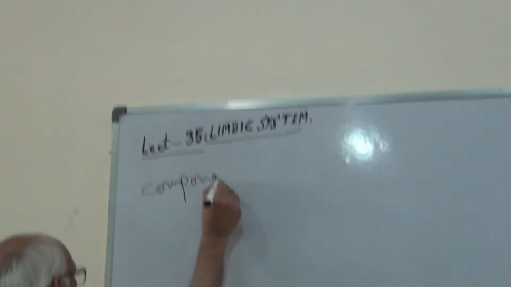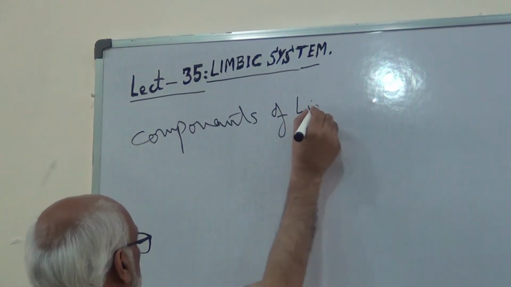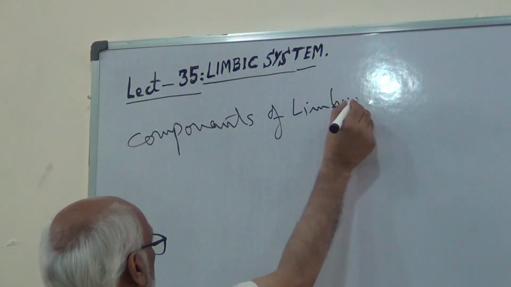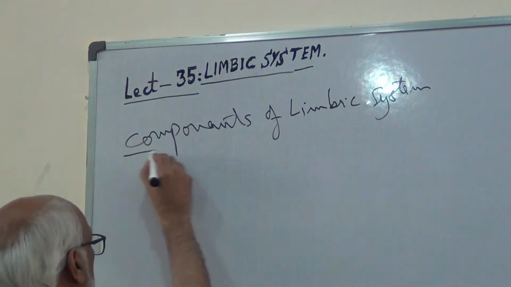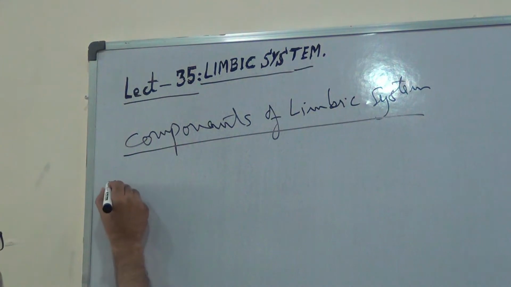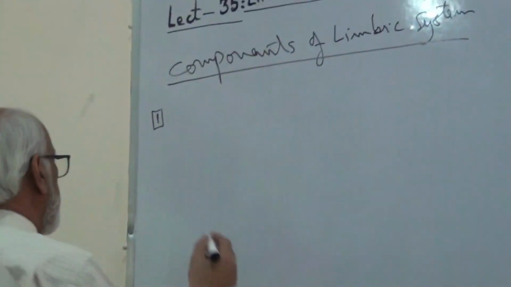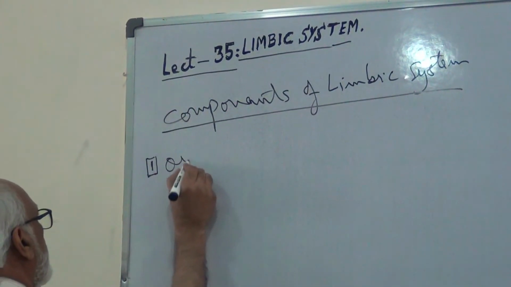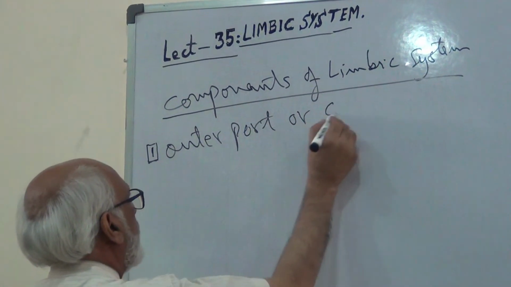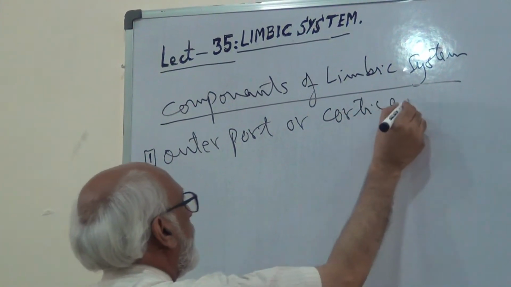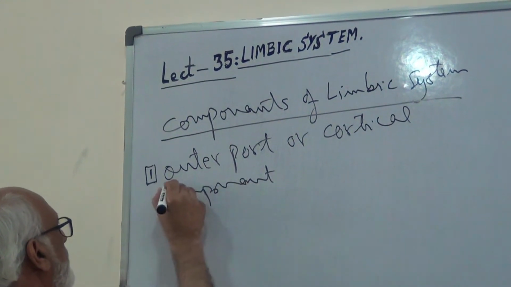What are the components or parts of the limbic system? These we divide into three major parts or components. That is, number one, the outer part or cortical component of the limbic system.